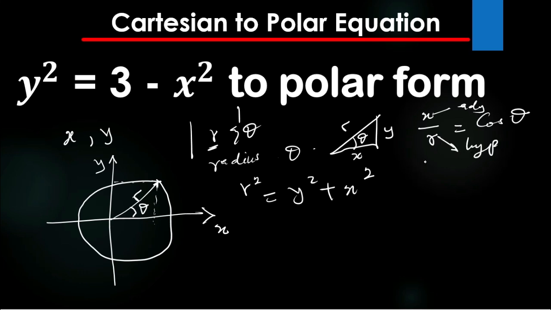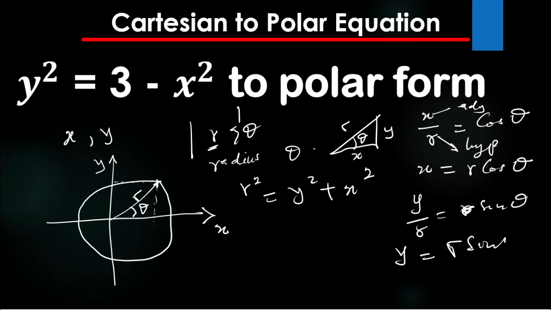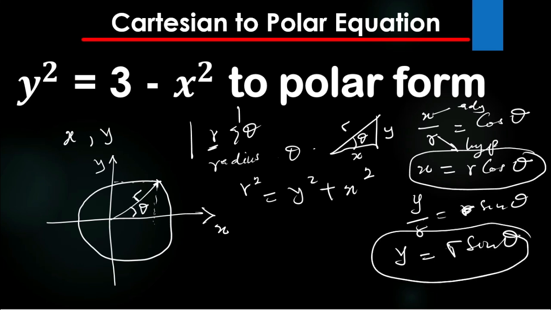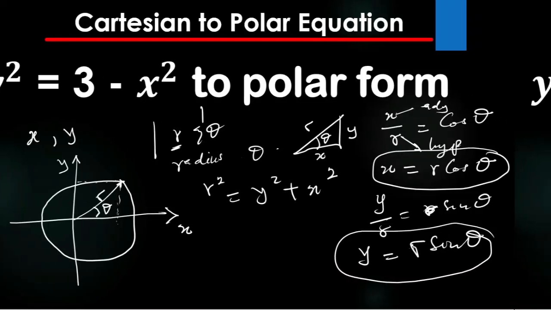So x is the same thing as r cos theta, and y over r is the same thing as sine theta, so y is the same thing as r sine theta. Now that we have defined x and y, we can apply them to solve equations. Let's get to it.